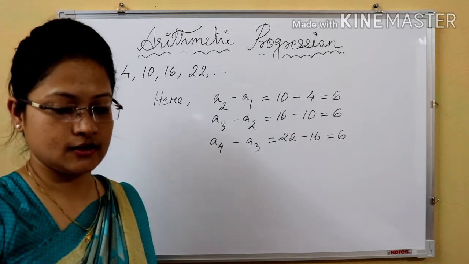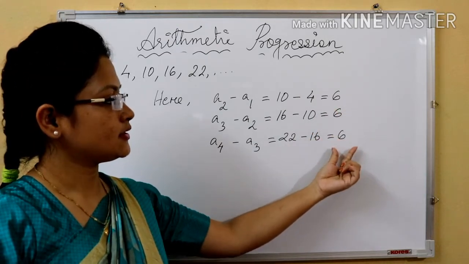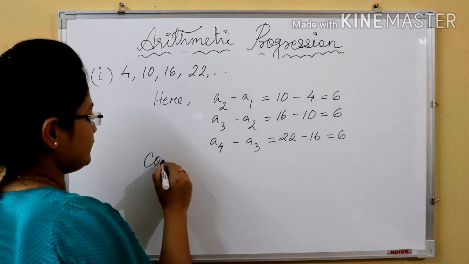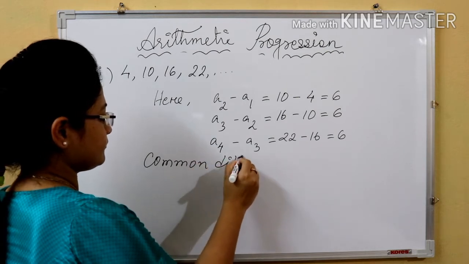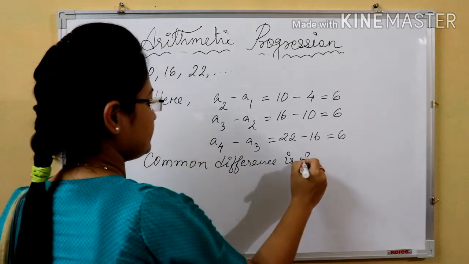So what we can see here is that the common difference in this case is the same every time. So the common difference is the same.